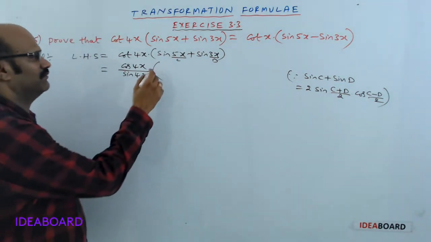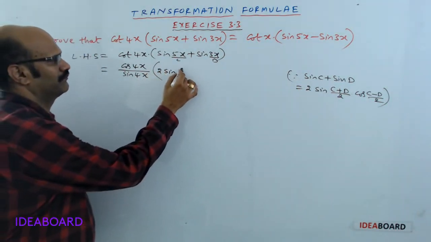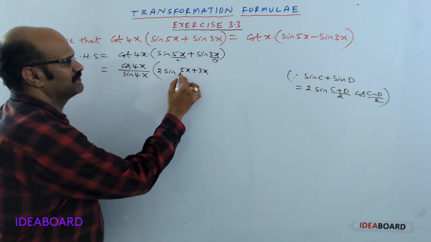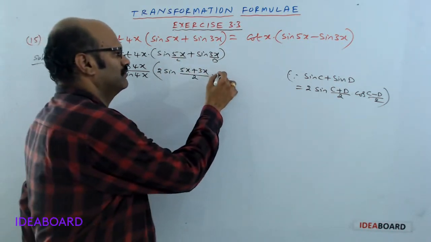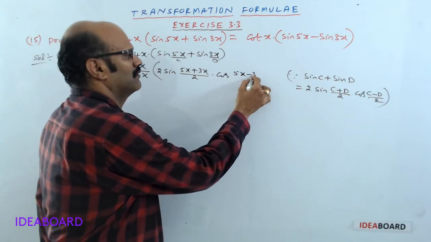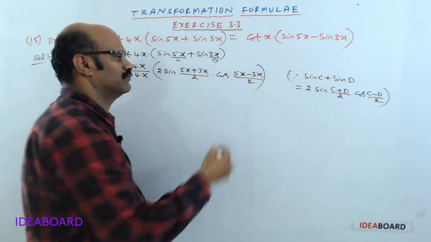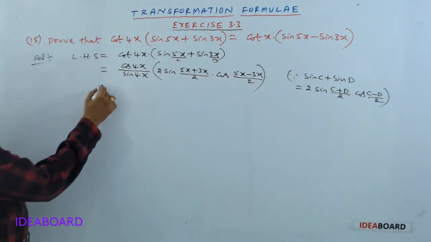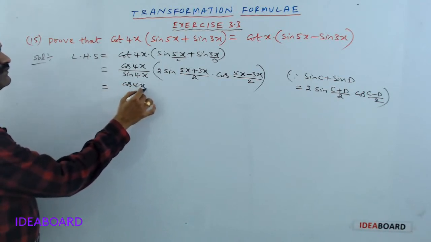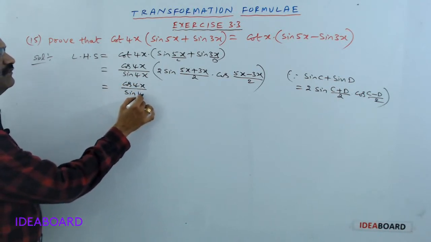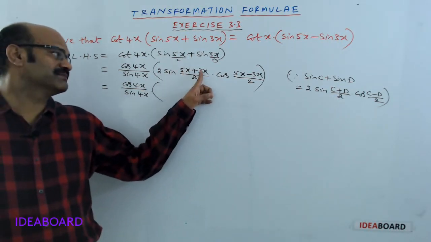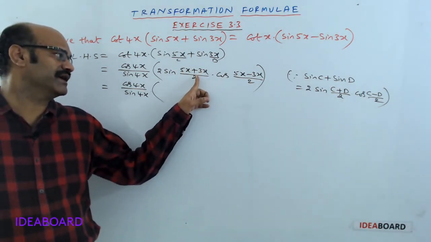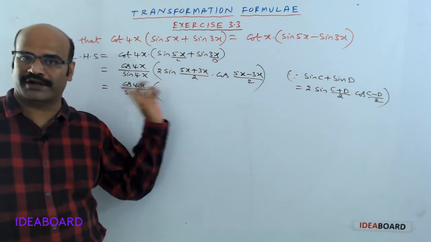2 into sin of (5x plus 3x) by 2 into cos of (5x minus 3x) by 2, equal to cos 4x by sin 4x into... 5x plus 3x equal to 8x, 8x by 2 equal to 4x.